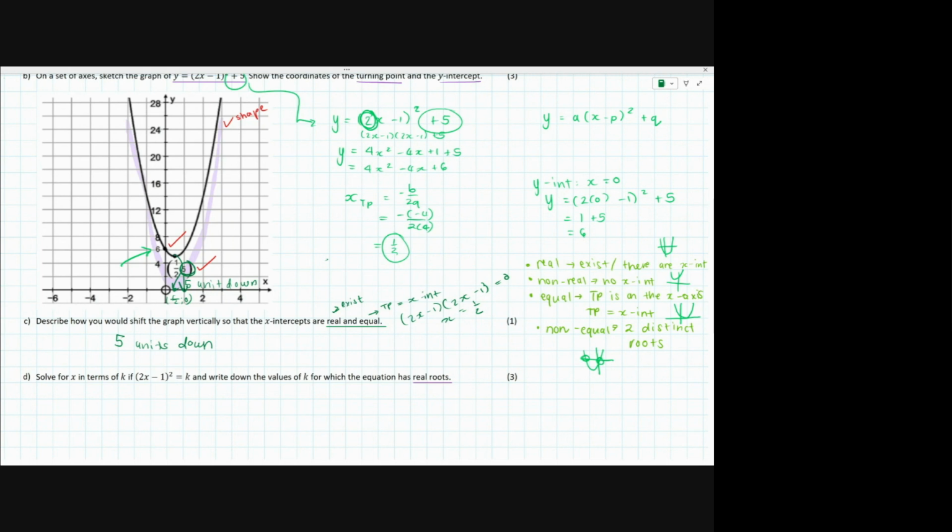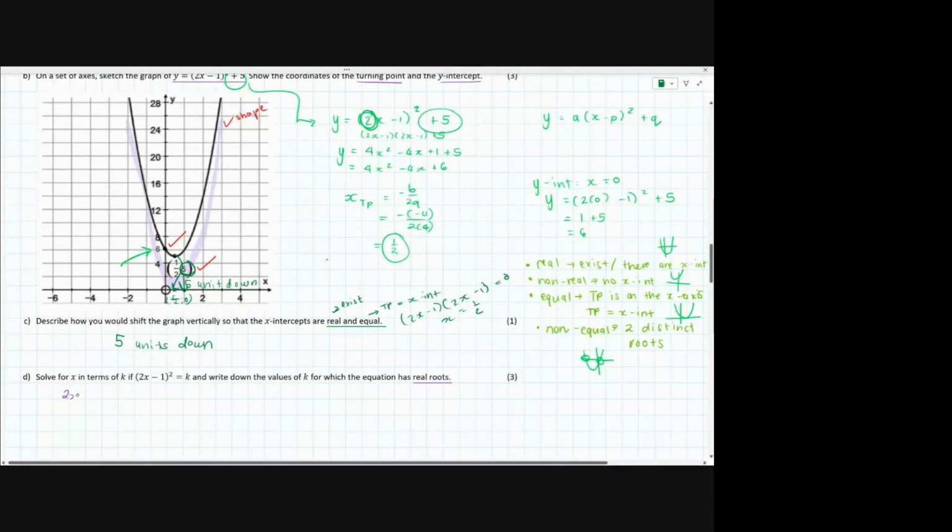All right, so we're solving for x in terms of k. So again, isolate x from this expression. And so what that means is I'm going to have to distribute out this bracket. But we have actually done this already, so I don't know why I'm rewriting it.